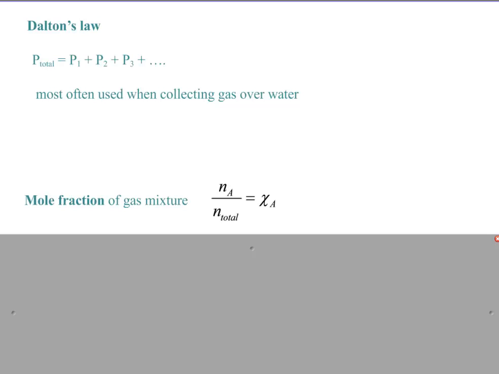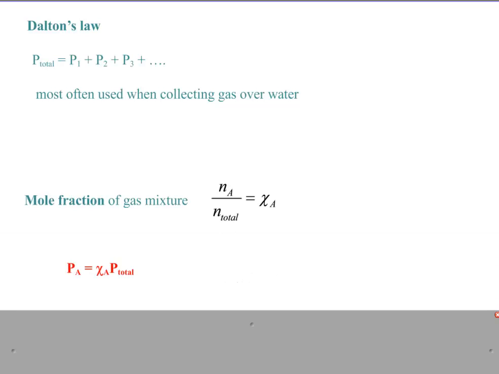The symbol for mole fraction is the Greek letter chi, which looks like a capital script X. It's important when we're dealing with gases because if I know the total pressure the gas exerts in my container and I know the mole fraction I'm interested in, I can find the pressure of just that gas. The pressure of the gas I'm interested in is equal to the mole fraction of that gas times the total pressure of all the gases in my container.